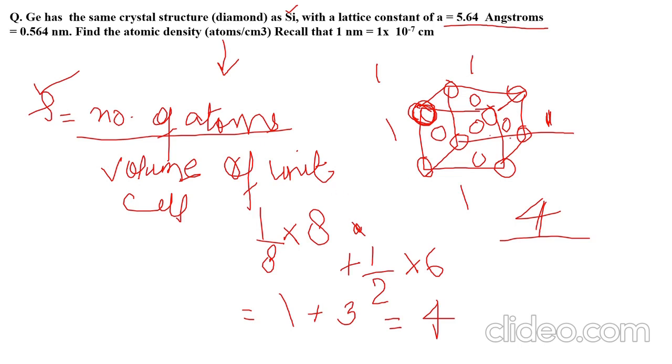Because we know it is a cubic structure, and we know one side of the dimension, which is the lattice parameter, 5.64, we can write the volume as a cube. So that will give your atomic density, right?